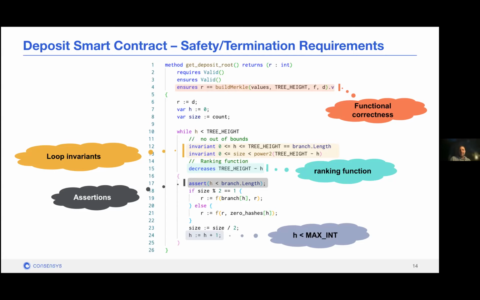And the other ensures at line 4 captures the fact that the result R that is computed by this function is the same as the one that we would have obtained if we had used a Merkle tree. So this values variable contains all the values that have been inserted so far, and it's called a ghost variable in Dafny. So it's a variable that's not needed to run the program, but that's needed for the proofs.